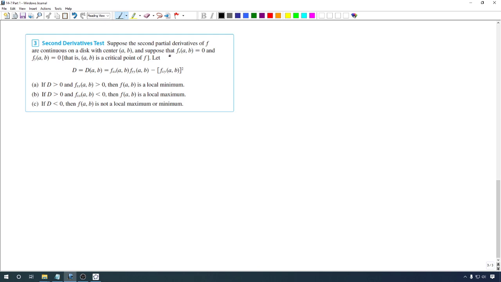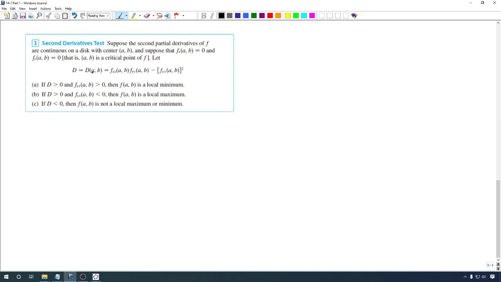But if we do have a critical point where both first derivatives are equal to 0, what we will do is form this expression, D equals f_xx times f_yy minus the square of f_xy. We're going to form that number, and use it to see whether or not we have a maximum or minimum.